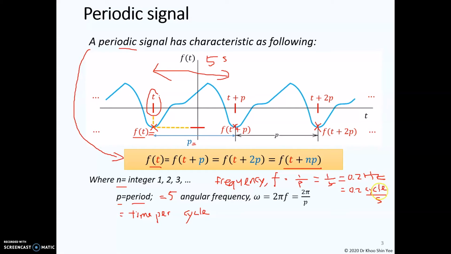Hertz means cycles per second. So if you obtain f equal to 0.2 Hertz, it means in 1 second, it rotates 0.2 cycles. Since we know for one cycle you have 2 pi radians, when you multiply 2 pi with the frequency, you obtain the angular frequency in radians per second.